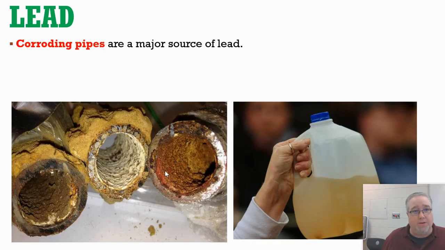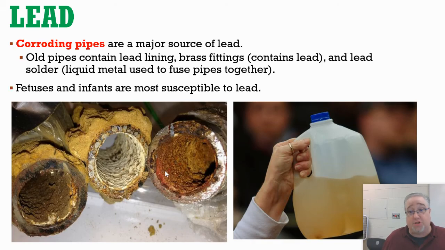So lead, as far as the source of it, how does it get into our water? The biggest source is corroding pipes. So, for example, you look at these old pipes here. These things might have been installed back in the 1930s or something. They're close to being over 100 years old.